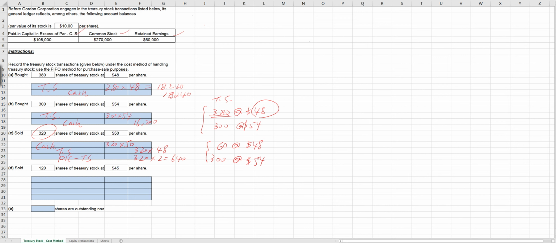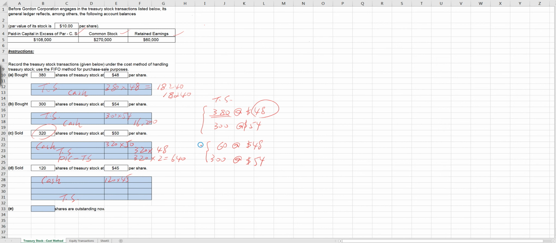All right. And finally, we sold 120 shares at $45 per share, debit cash for this transaction. And we're going to determine the cost of the sale, treasury stock.